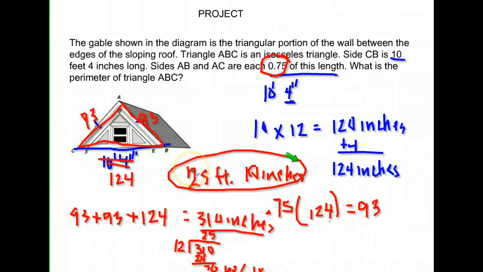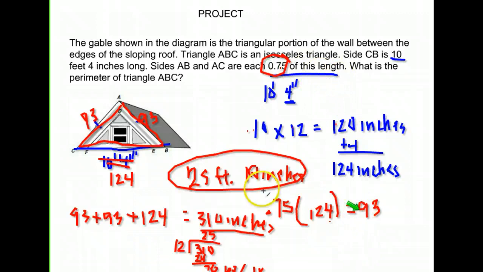Okay, so it's a pretty basic question, but the conversion from feet to inches and then back to feet can be a little confusing. So the first thing you do is convert the 10 feet 4 inches to inches. We took 10 times 12 to get 120 inches, plus the 4 more inches we had was 124. Then we took 0.75 times that 124 because it said the other two sides were 0.75 its length.